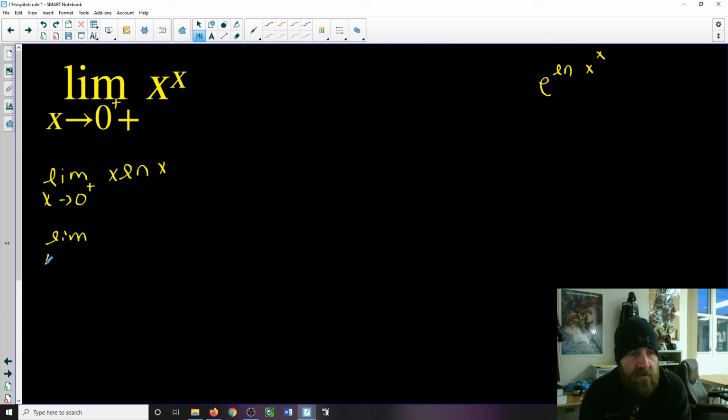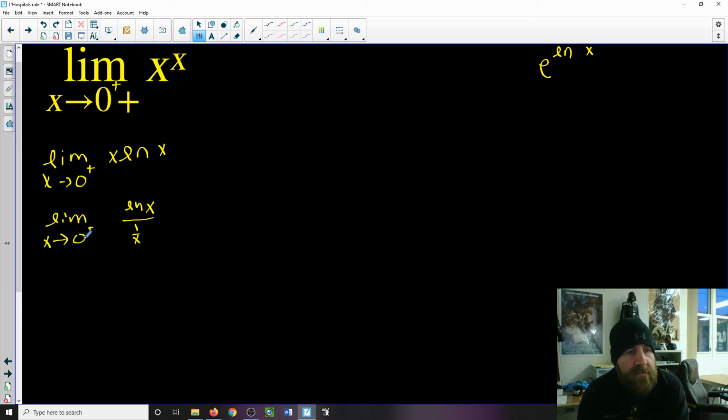So again, we turn this into an indeterminate. We have ln x over 1 over x. Take the derivative, because when we plug in 0, we get a situation where we can use L'Hopital's, right? We get our indeterminate.